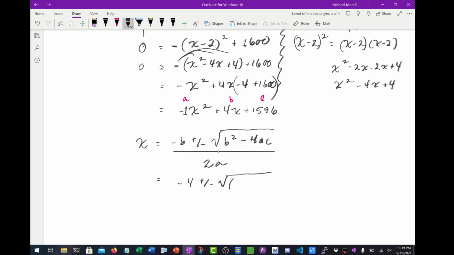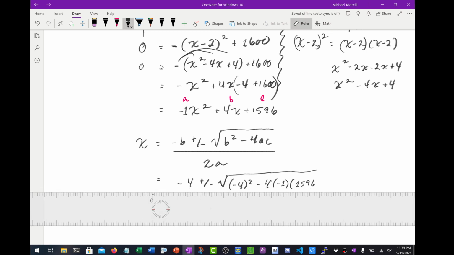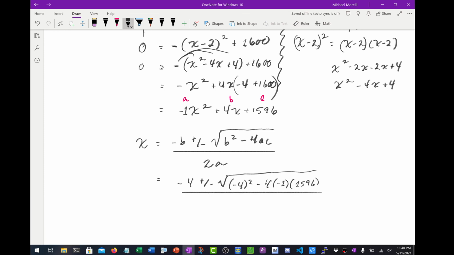So that's -4 squared minus 4 times a, which was -1, times c, which is 1,596, all divided by 2 times a, which is -1.